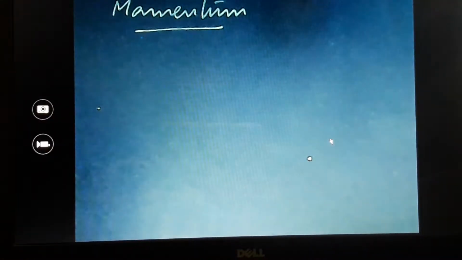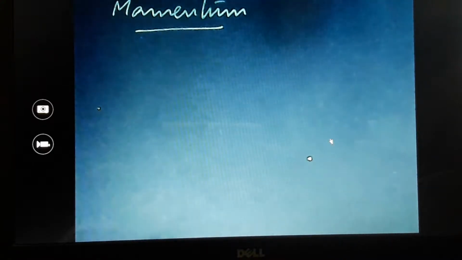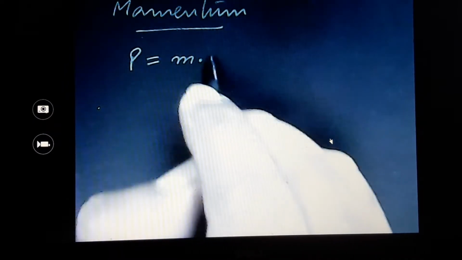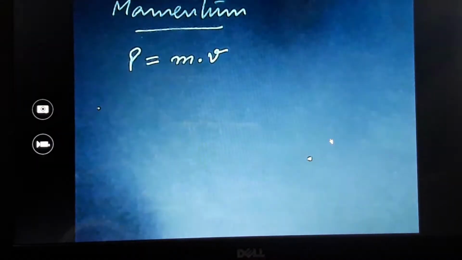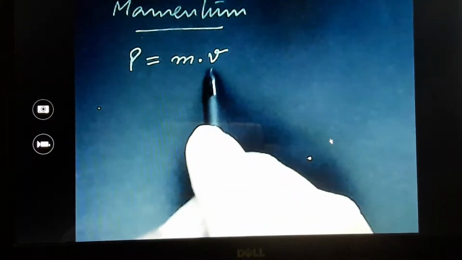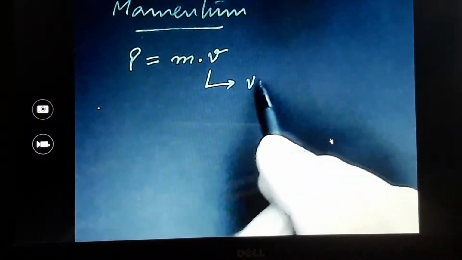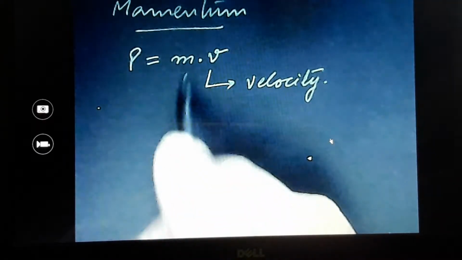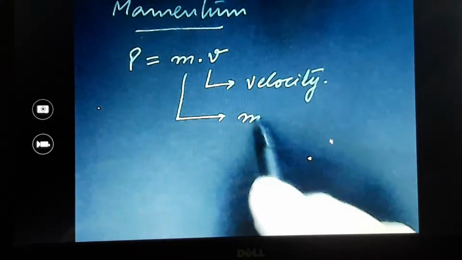Now what is this momentum? Momentum of a body is actually the product of mass of the body and velocity of the body. Here v signifies velocity of the body and m signifies mass of the body.